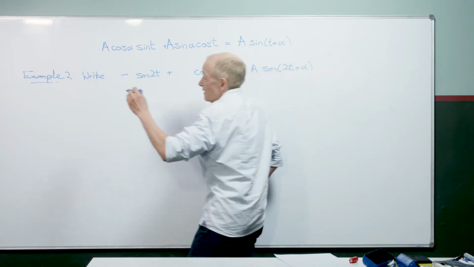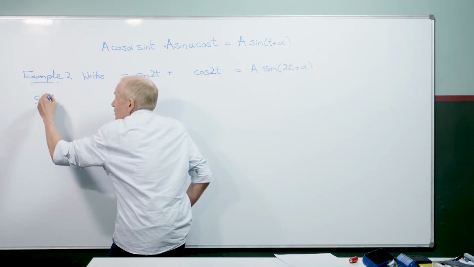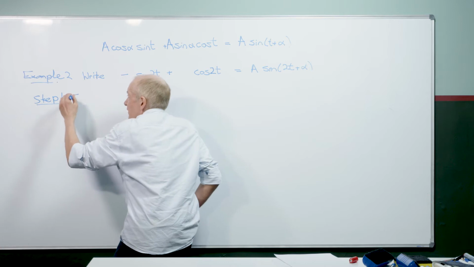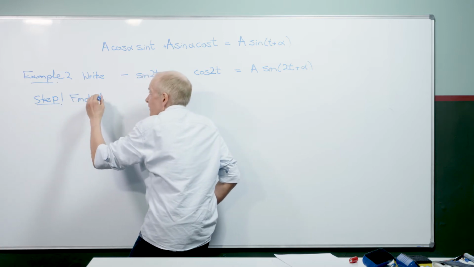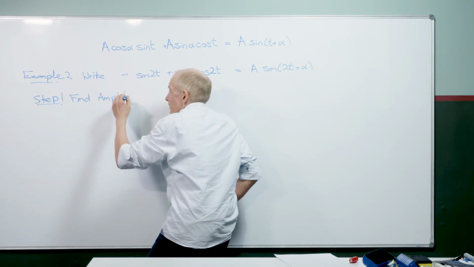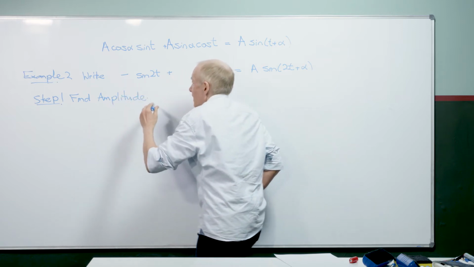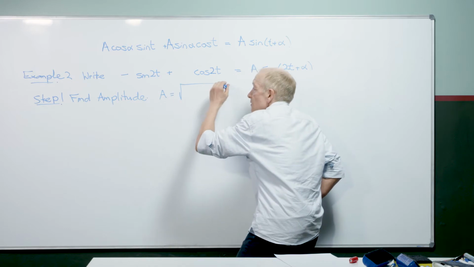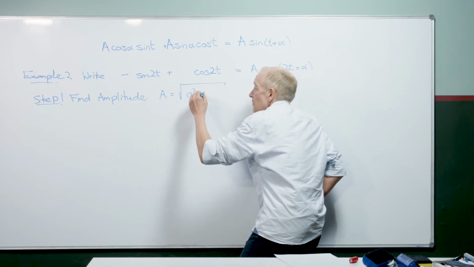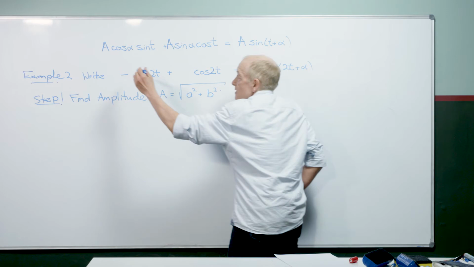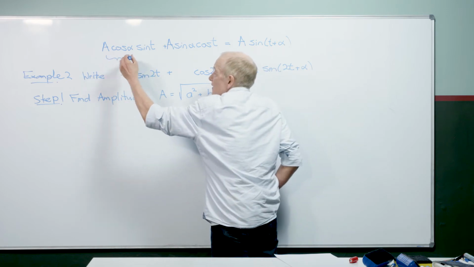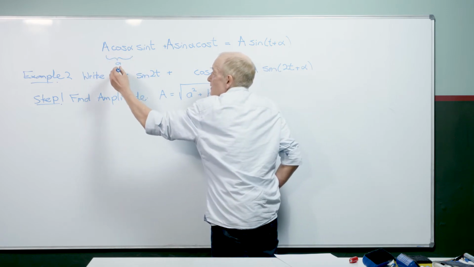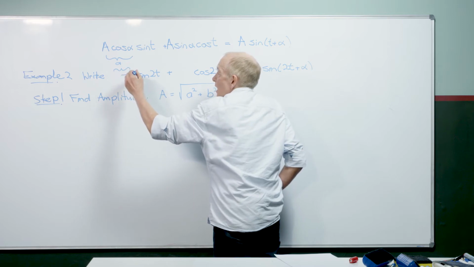So in this case here, step 1, as usual, is to find the amplitude. And we do this by saying that A is equal to the square root of a squared plus b squared. So our a here is the thing in front of the sine, which is minus 1.